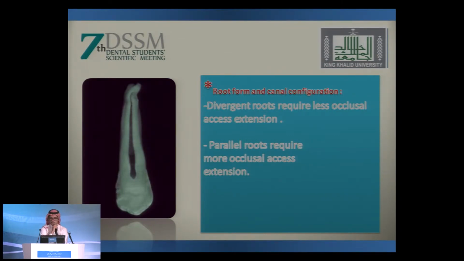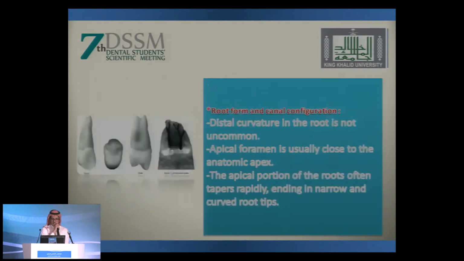Divergent roots require less occlusal axis extension, and parallel roots require more occlusal axis extension. Distal curvature in the root is not uncommon. The apical foramen is usually close to the anatomical apex.